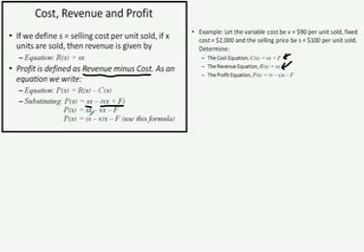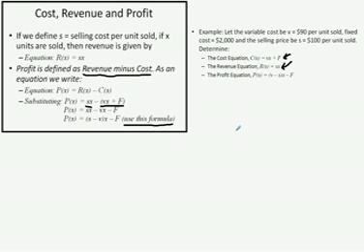And then we take our S of X minus V of X. That's really the same thing as just saying S minus V. So if we have our selling cost minus our variable cost, we've got our value that we multiply by X, minus the fixed cost. We're going to use this last formula to help us determine our profit equation.